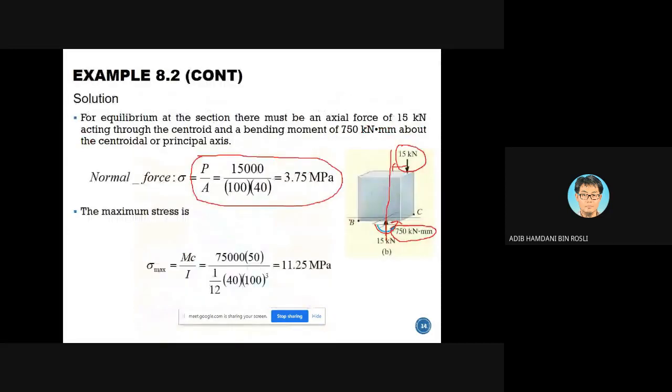Then you have a uniform compression of 3.75 megapascal. On the other hand, due to the internal moment M of 750 kilonewton millimeter, you will have normal stress as well.